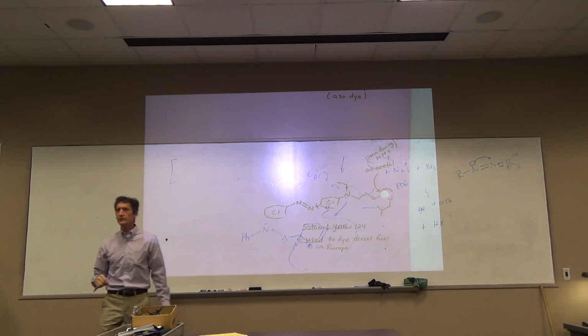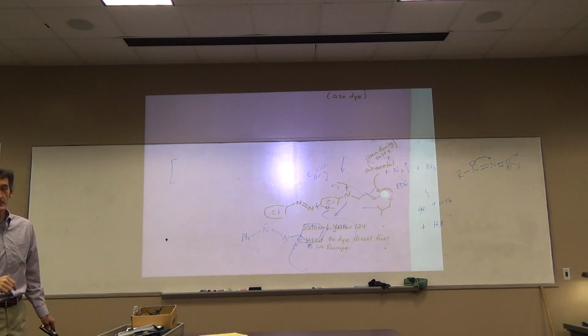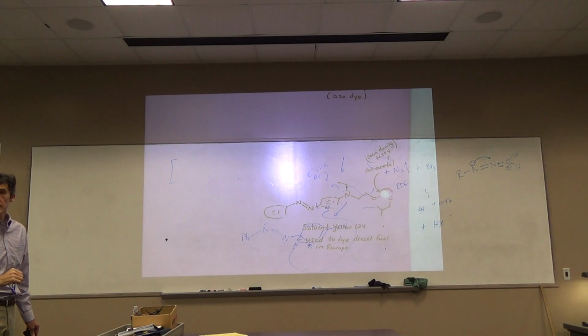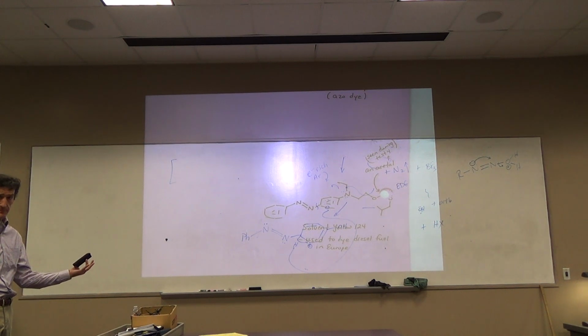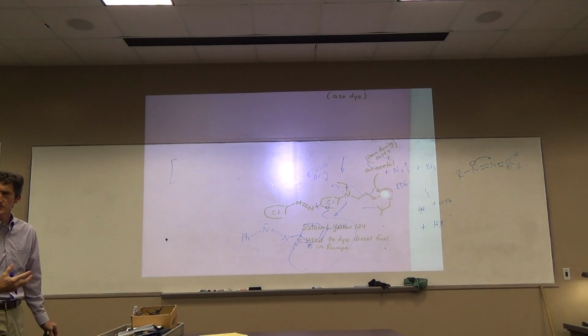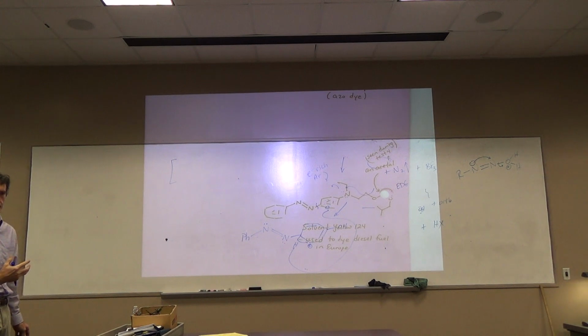Solvent Yellow 124. That compound is used to dye diesel fuel in Europe to make it yellow. That way you can easily tell the difference between diesel and regular gasoline. Sometimes people may want to say, hey, you want some of my diesel? I don't know that's diesel, that might be gas. Well, the law says it has to be colored yellow, so they put this dye in it.